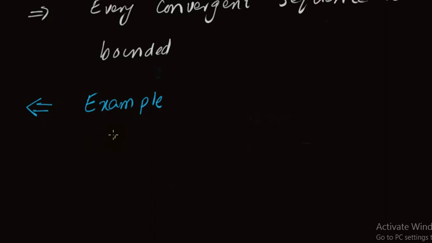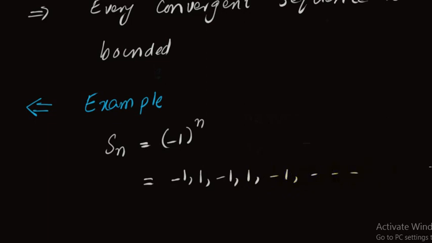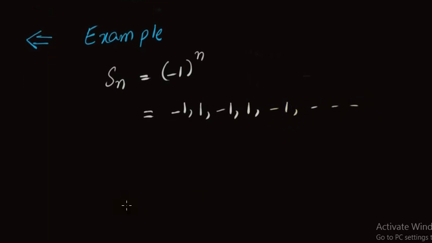Let Sn equal minus 1 raised to the power n. The terms of this sequence are like, when n is 1 we get minus 1, when n is 2 we get 1. So the terms of the sequence are minus 1, plus 1, minus 1, plus 1. This is an oscillating sequence of infinitely many terms.